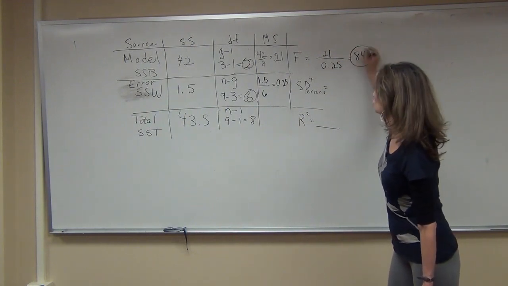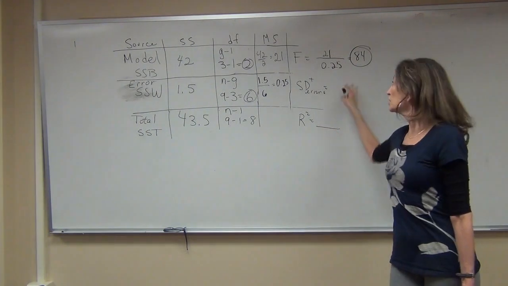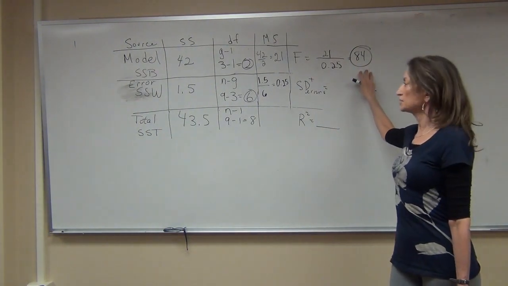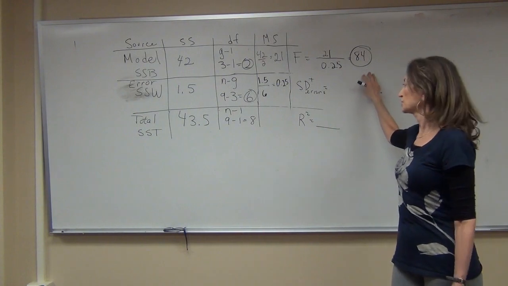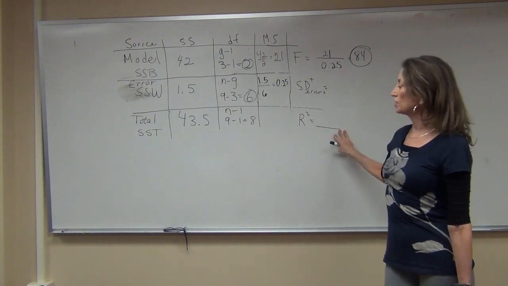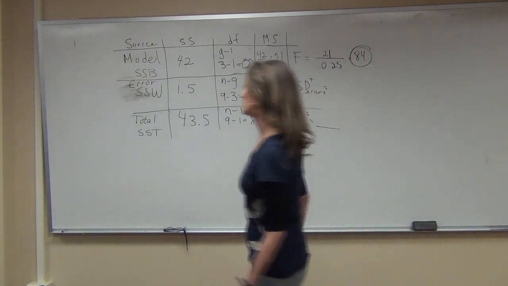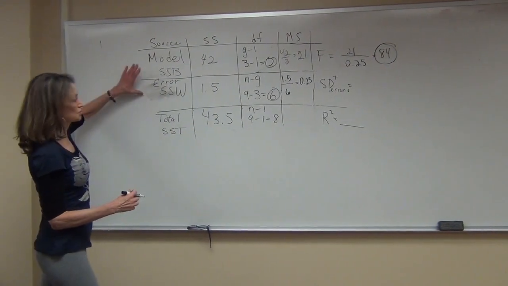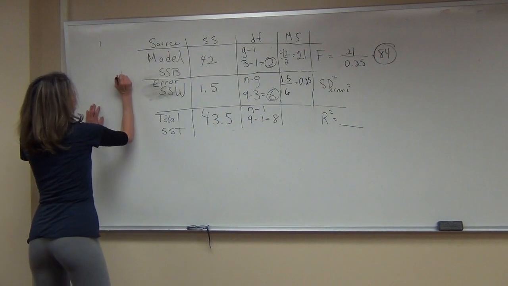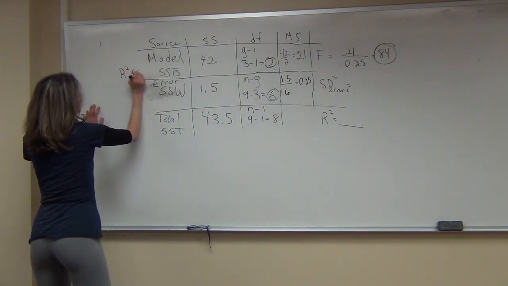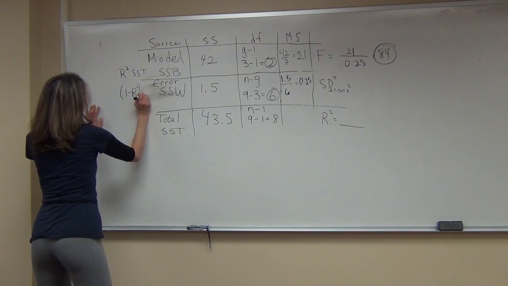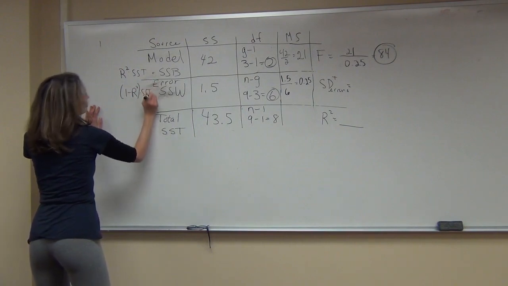That's a huge F. Remember, F is centered. The mean of F is 1. So that shows tremendous significance for this model. Now, how would you get r squared from this? Remember that this sum of squares total is broken up into two parts. This is r squared times SST, and this is 1 minus r squared times SST.